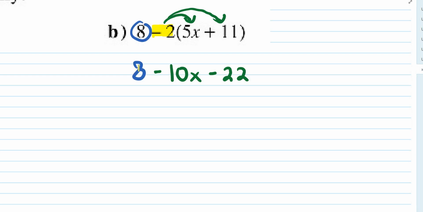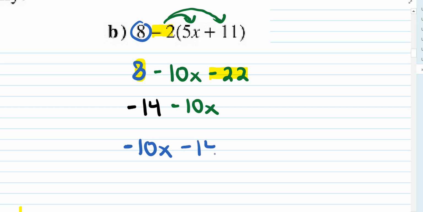And then if I just look at my like terms here, 8 minus 22, that's going to be negative 14, and then the minus 10x is just tagging along. So this answer is correct. If you want to write the variable first, you can write your answer as negative 10x minus 14. So that's another correct way of writing that particular answer there. Okay, let's keep on going along here.